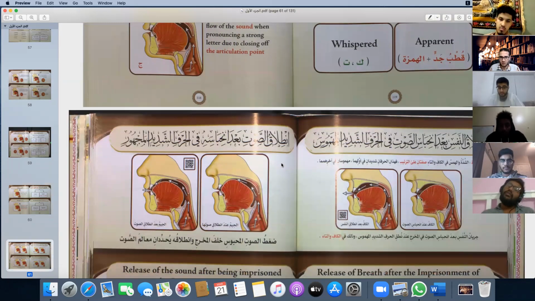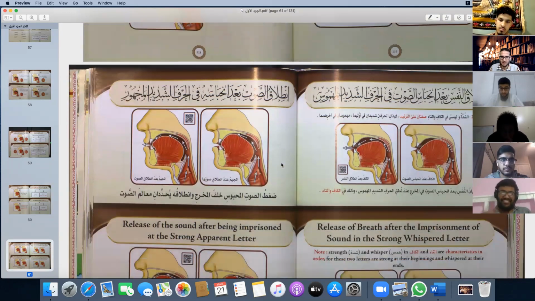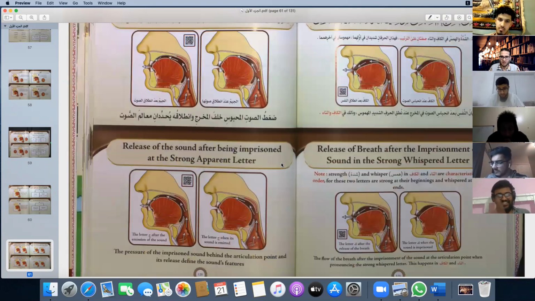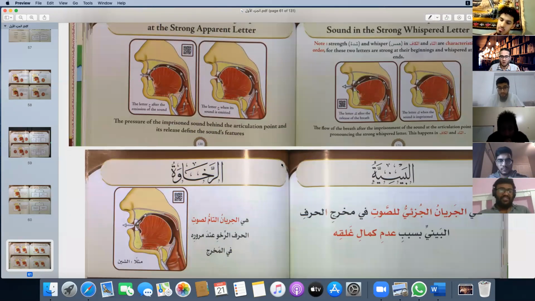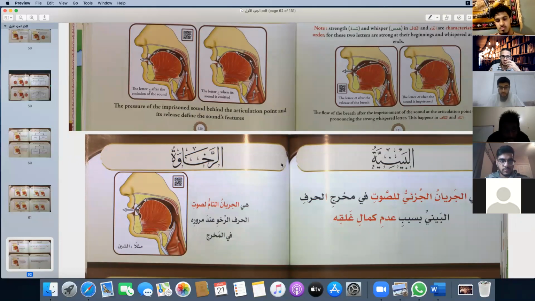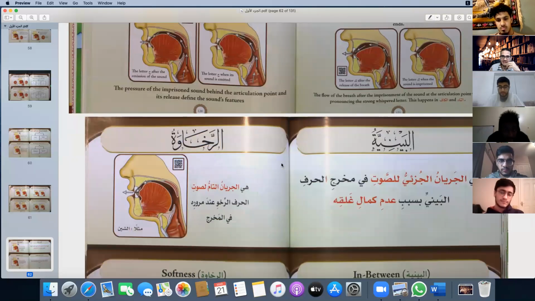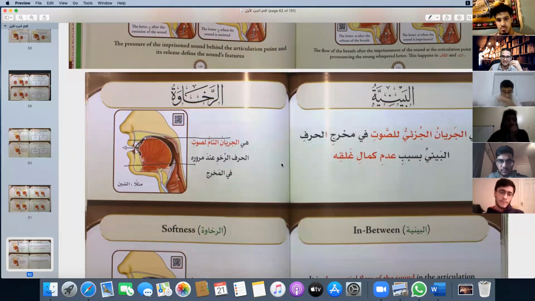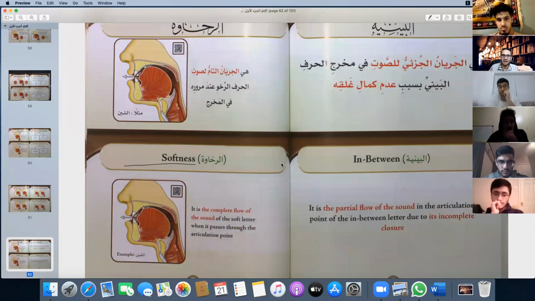Now we're gonna carry on with the other quality, which is something in between. We said before we are explaining this in between, or bayniya, we have to bear in mind that al-rakhawa is the other extreme. So we don't imprison the sound at all, with letters like ah, af, ah.